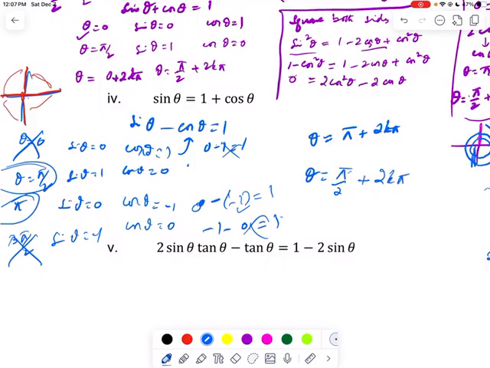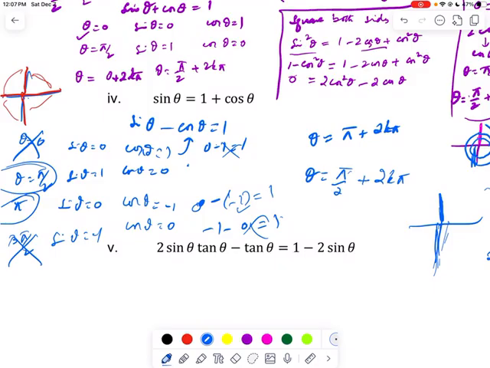Now note here, we cannot say that it's going to be just the odd multiple of pi over 2. Why? Because we are not stopping on the vertical line below the x-axis, at negative pi over 2.